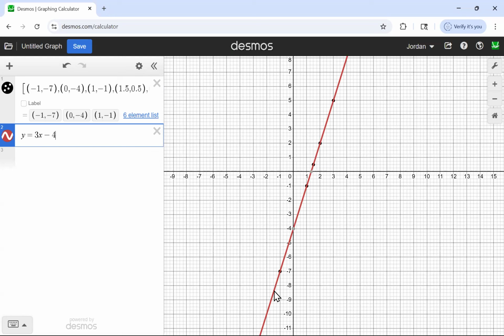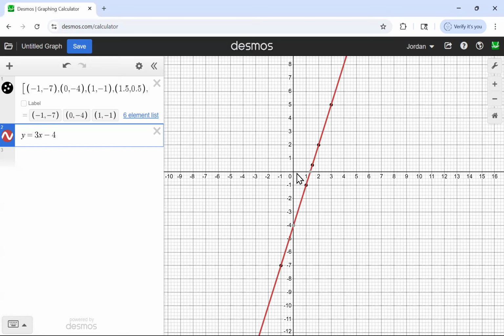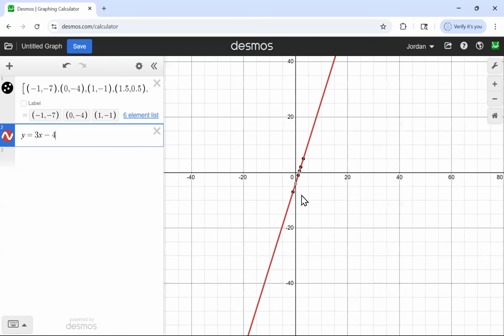But what we're saying is that every point on this line, for instance, like -2, -10, looks to be on that line, that is a point that will be a solution to the equation in two variables, to the equation y equals 3x minus 4. So every single point on this line, and if you zoom out, you'll see that this pattern goes on forever.